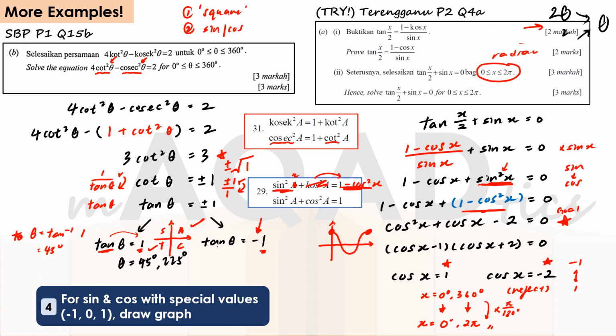The value is the same, so we don't have to recalculate the theta. I will just choose the quadrant that we want. This is tan negative, so it should be S and C. Our values will be something like this, and then we need to combine all the answers that we have obtained.